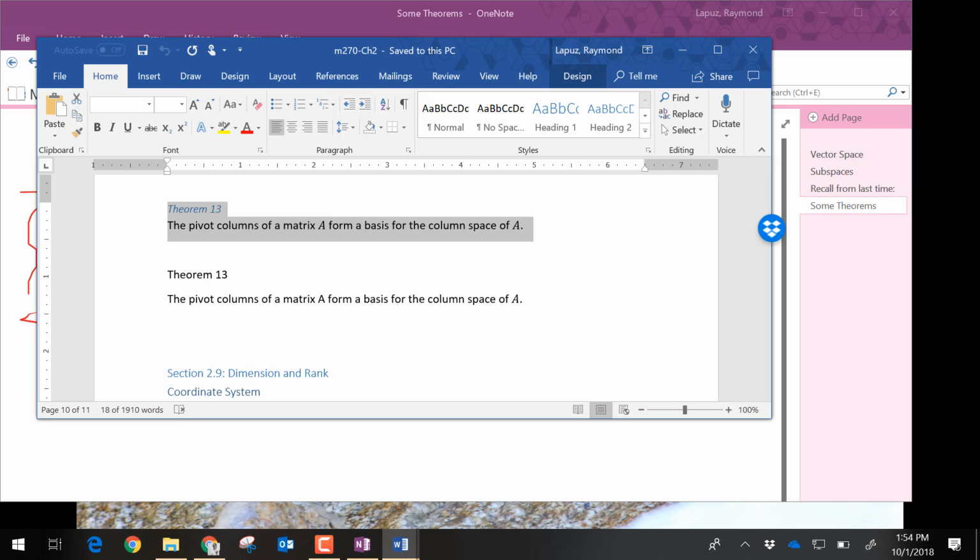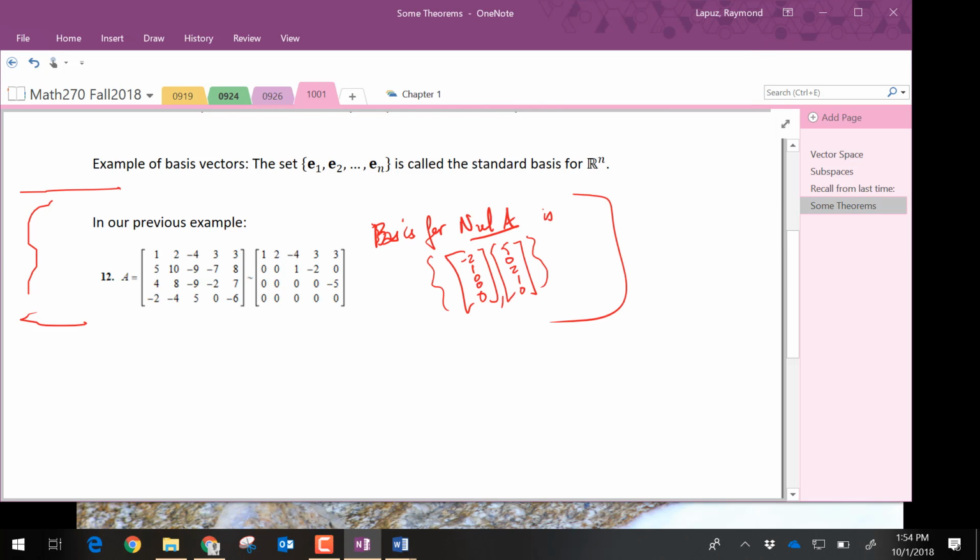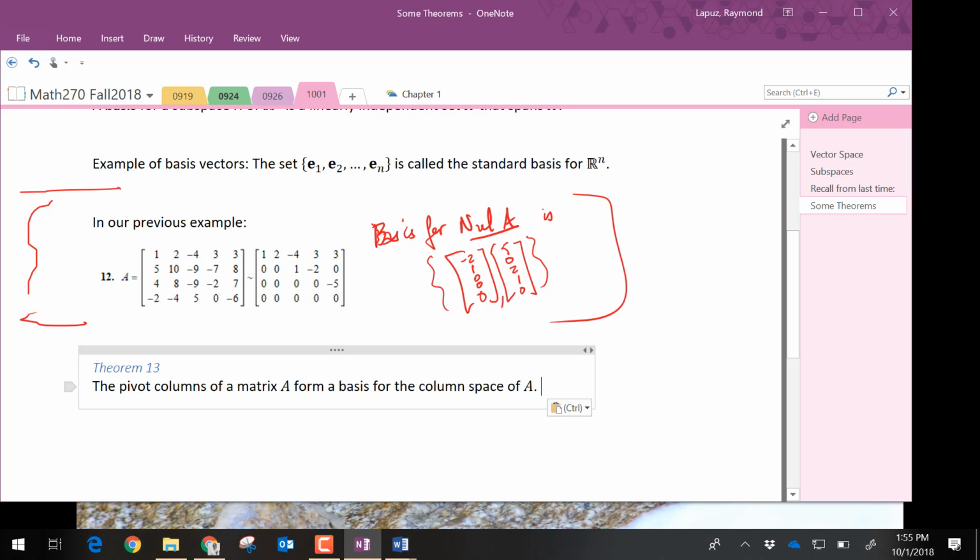So there's another theorem here that gives us an idea of how to find the column space. The pivot columns of matrix A form a basis of the column space. So in our example over here, I should have talked about this before doing the example.